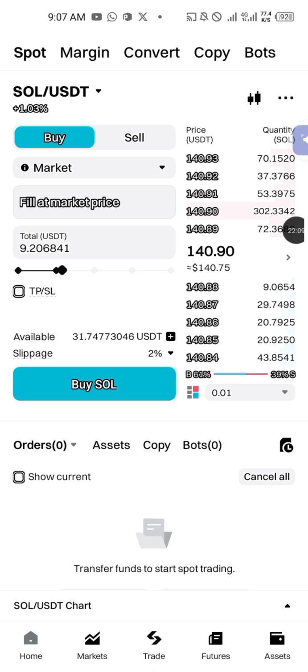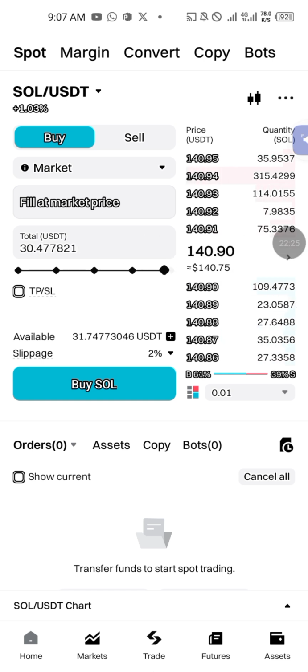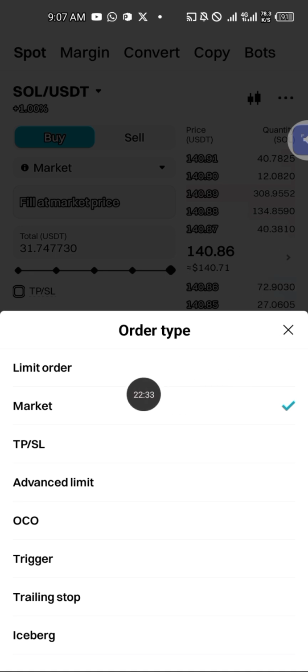Let me just say my balance is 31.7 USDT. If I want to use only maybe 50% of the USDT, that's around 16 USDT. If I want to use all, I'll just drag to 100%, right? Then I'll tap on buy. But make sure that you tap right here and change these orders to market order.